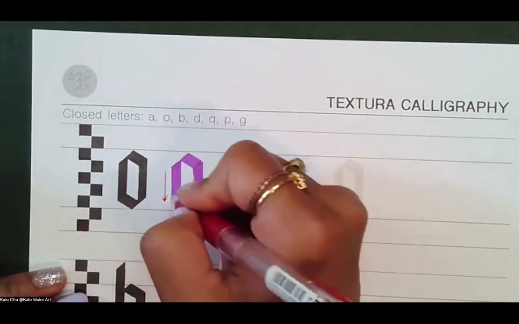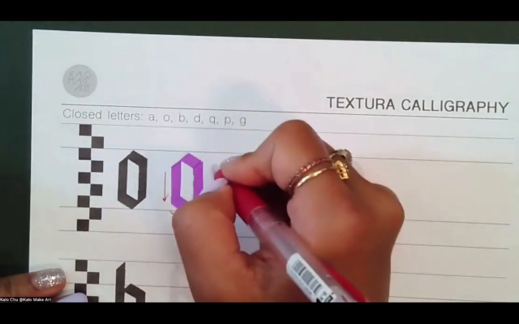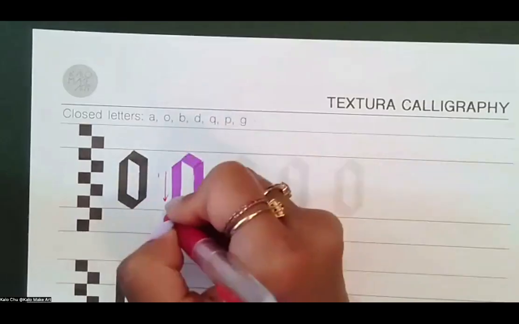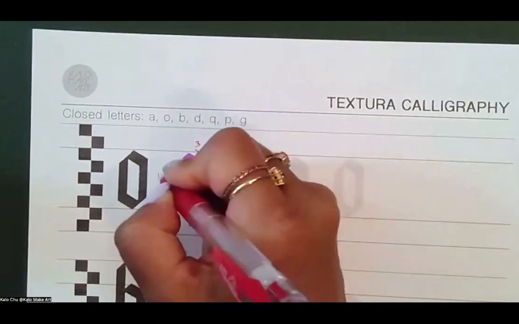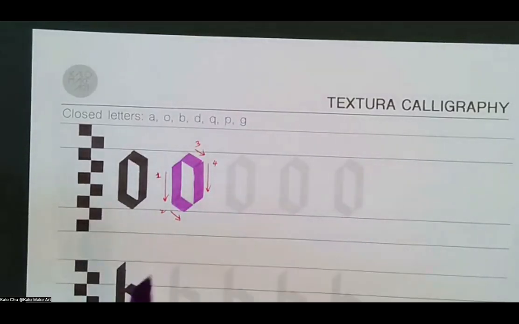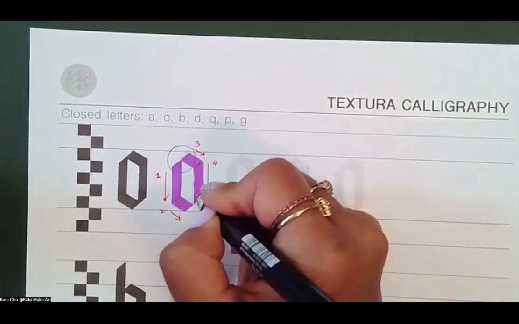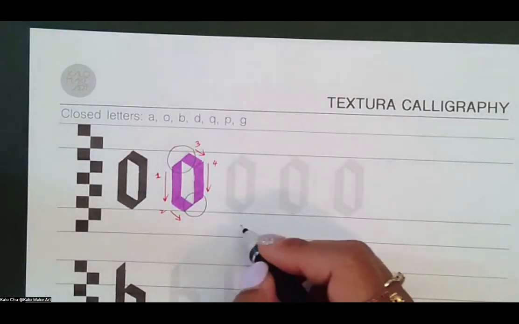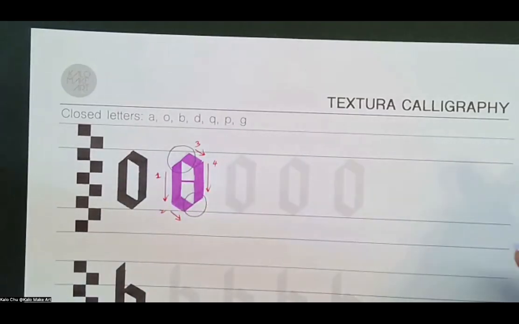So 1, 2, 1, 2, hold on, sorry, sometimes 3, 4, yes. I got distracted. You want to make sure, as we did in the introduction earlier, it is as clean as possible. They should just be touching each other. And you should remain a 1 pen width in the middle for the spacing.